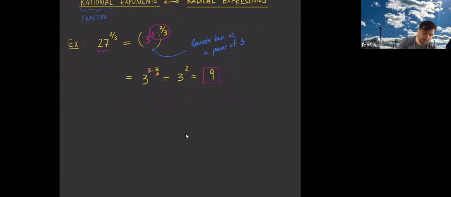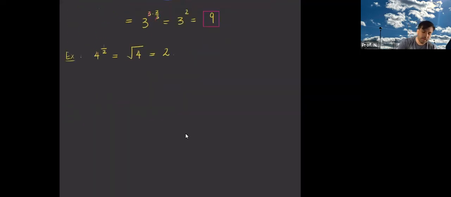So one thing I want to talk about is when you have, for example, 4 to the 1/2 power. I'm taking 4 and I'm raising it to the 1/2 power. Another way I can write this is the square root of 4. And I know that's 2.